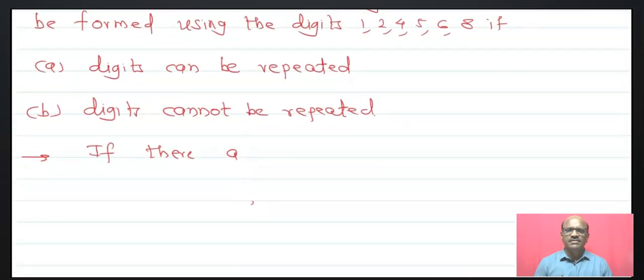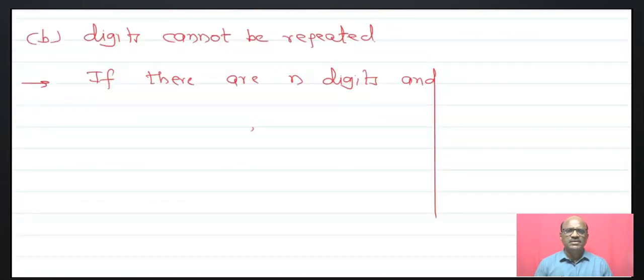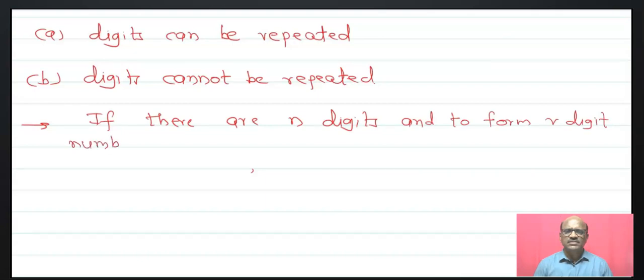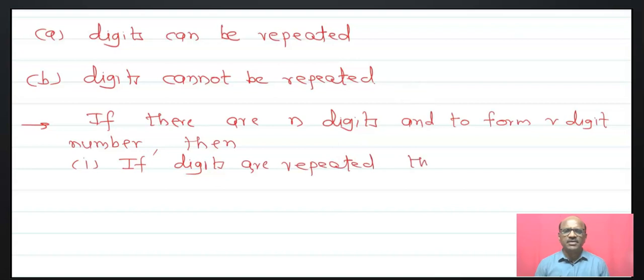If there are n digits and we form an r-digit number, then first, that is, digits are repeated, that is the A part.